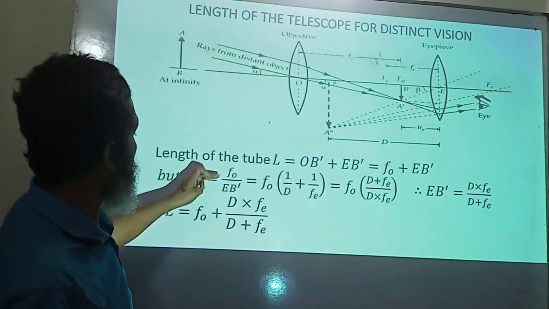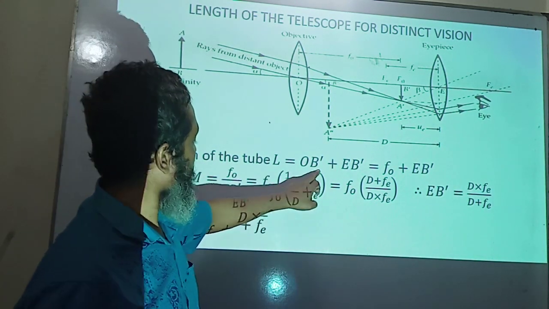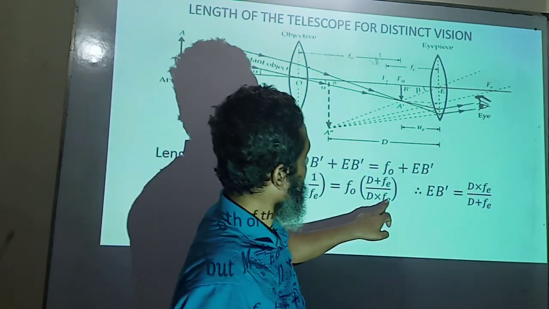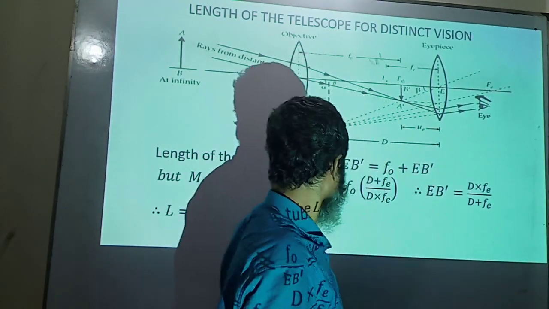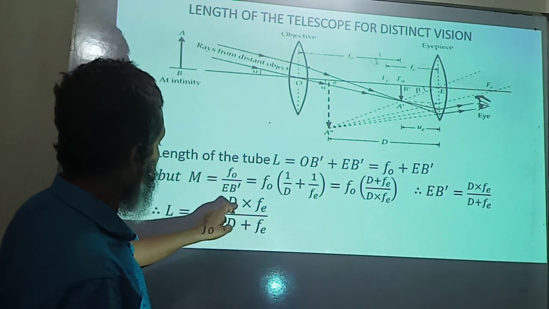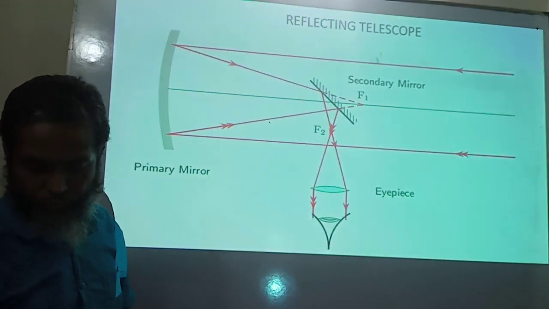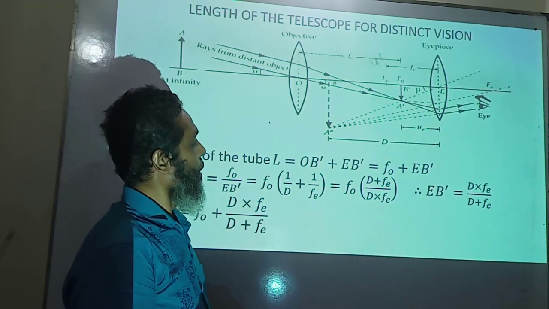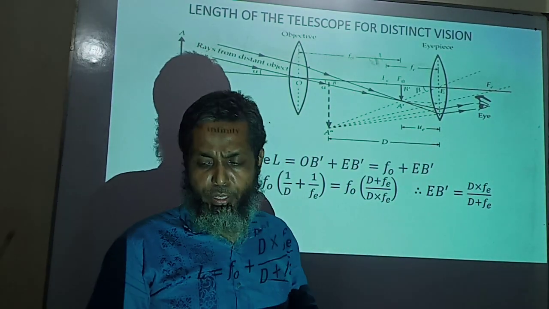But M is equal to f naught by E B prime, is equal to f naught into 1 by D plus 1 by f e, is equal to f naught into D plus f e by D into f e. Therefore, E B prime is equal to D into f e by D plus f e. So L is equal to f naught plus D into f e by D plus f e. So we get the expression for the length of the telescope in case of distinct vision.